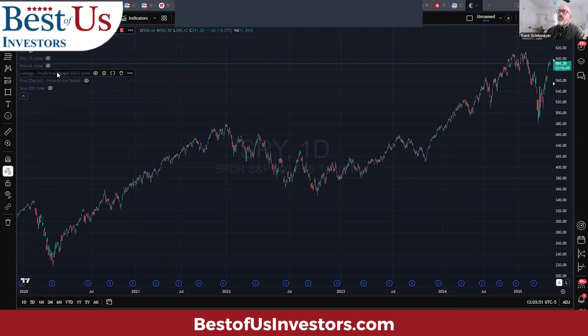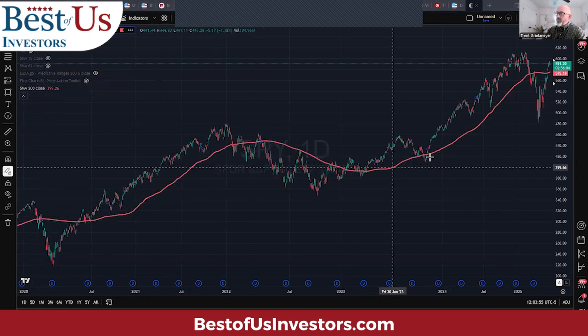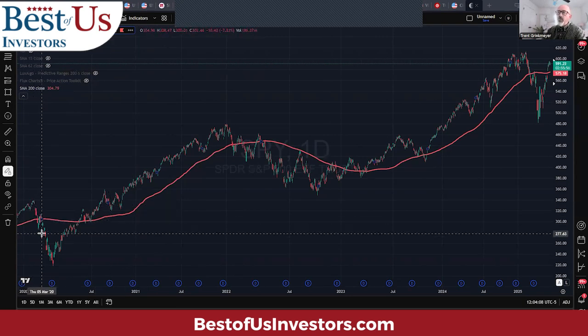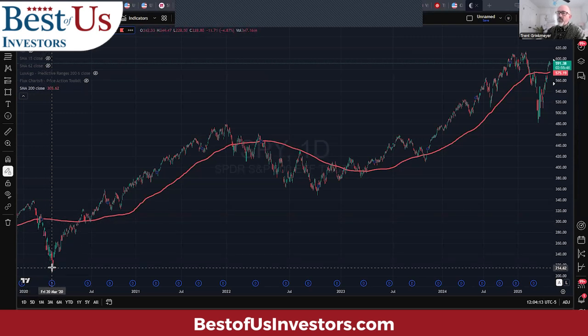But I'm going to use the 200, which is this. This is the 200-day moving average. I use this as my baseline, this is the foundation of my process. If the stock price, for instance back here in March of 2020, broke through the 200, closed below it, and then moved south.